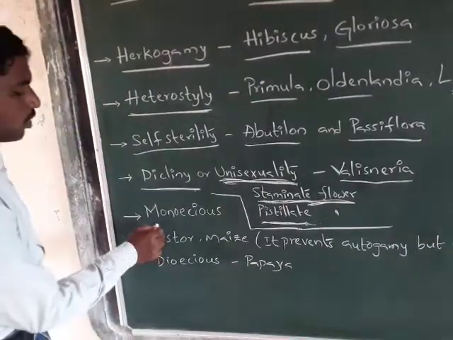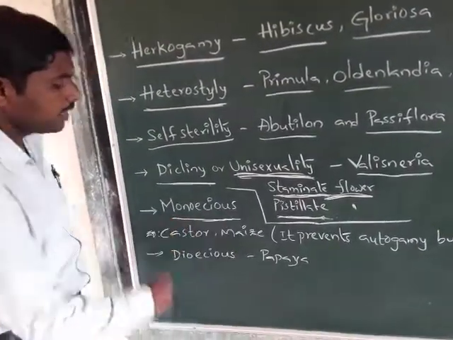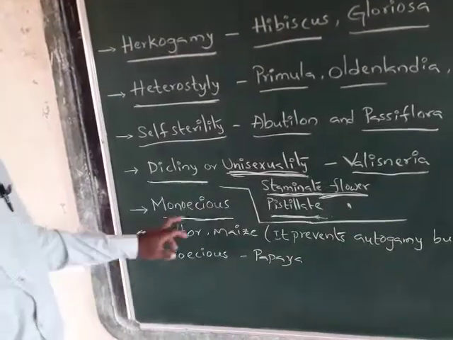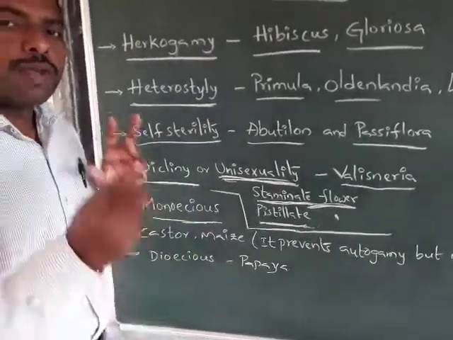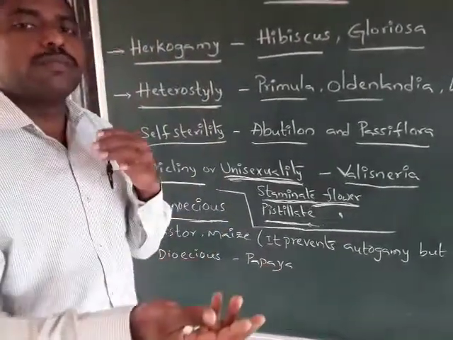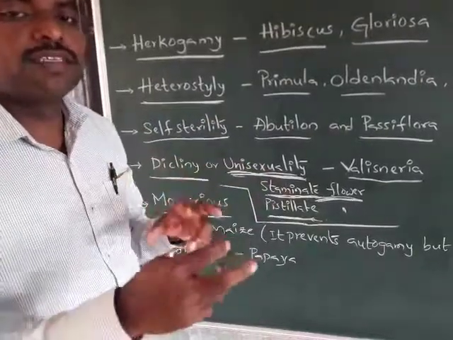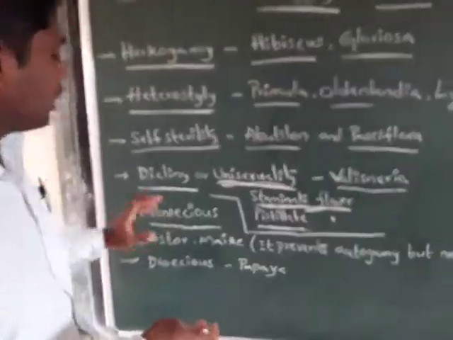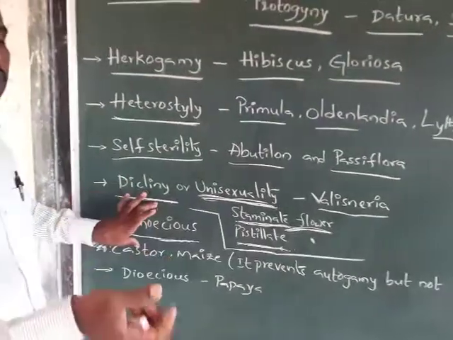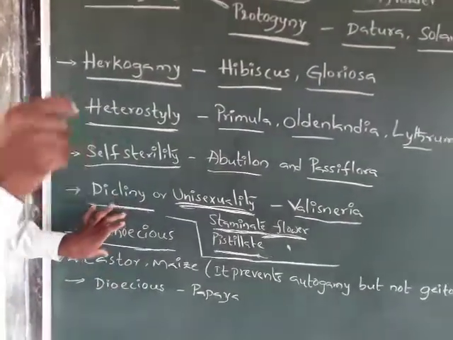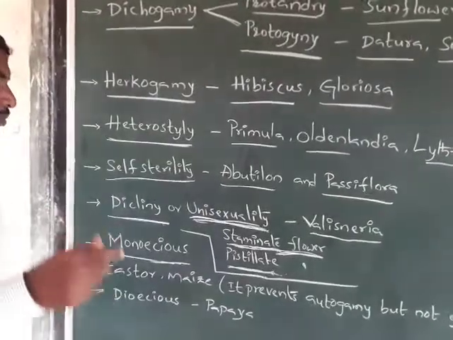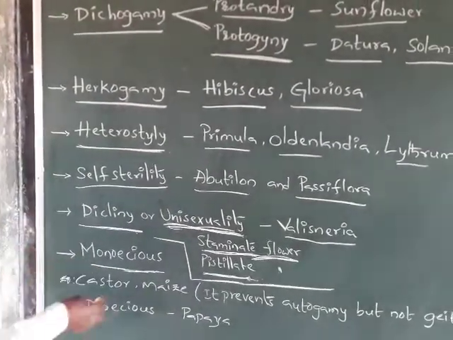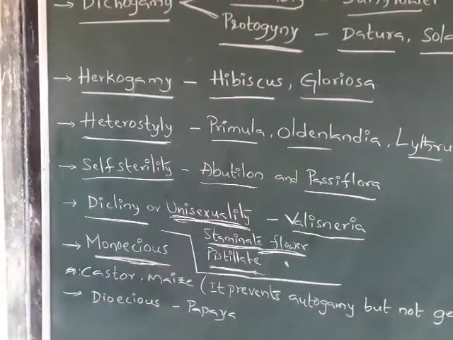Next, monoecious. Here the plants have both male and female flowers in the same plant. That is called monoecious.